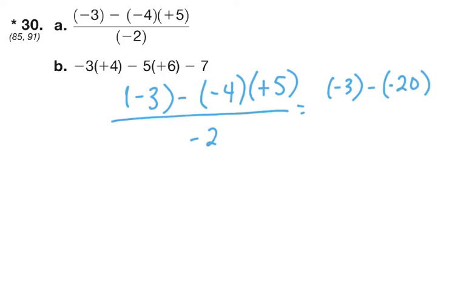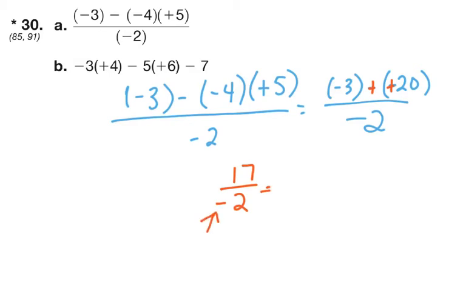So negative 3 minus negative 20, remember, we don't want to leave it as a subtraction. We want to change that to addition, which means we have to do the opposite of negative 20, which is positive 20. So negative 3 plus positive 20 is 17 over negative 2. See how we have this negative right here?